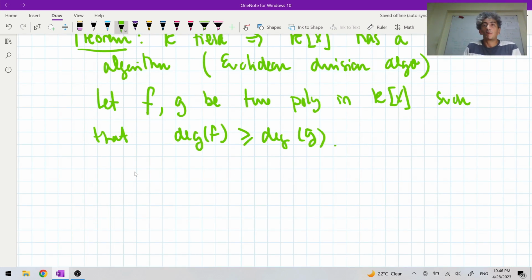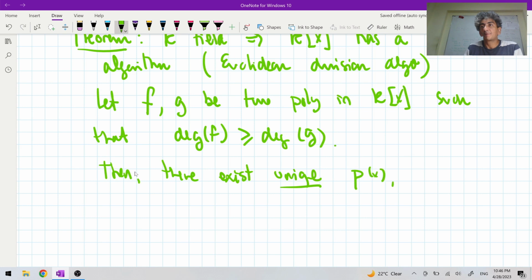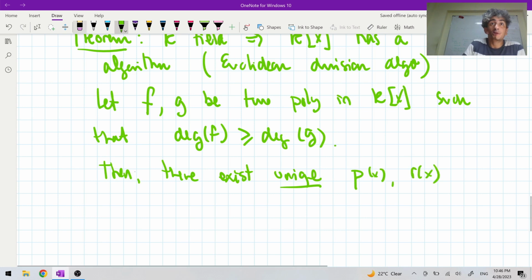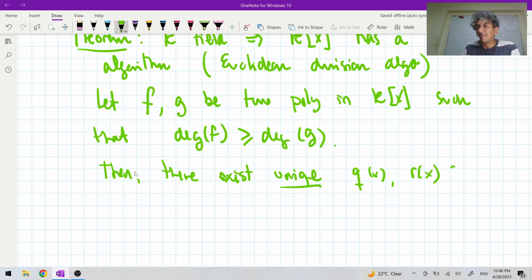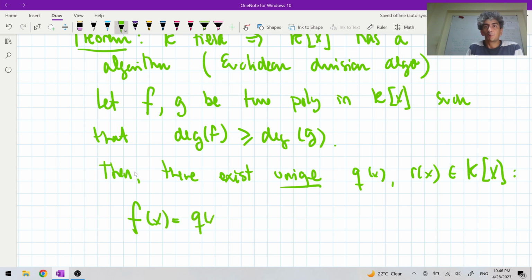So then there exist unique q of x and r of x in the same set of polynomials such that f of x can be written as q of x times g of x plus r of x.